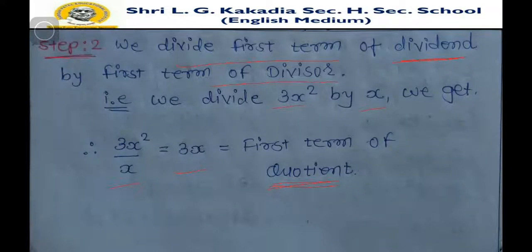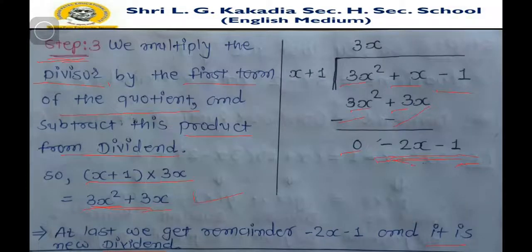In step 2, we divide the first term of the dividend by the first term of the divisor. Then we get the first term of the quotient, that is 3x. In step 3, we multiply the first term of the quotient by our divisor, and the product we get, we subtract it from our dividend.